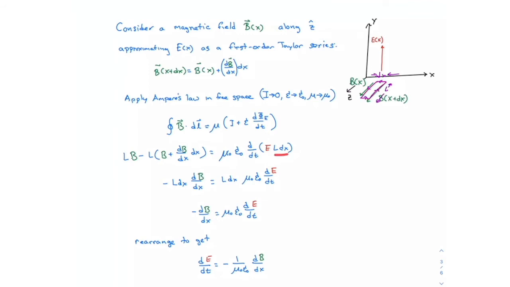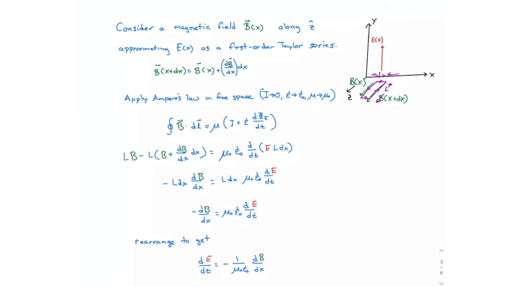So the area of the loop is L times dx, again, and the electric field I will write as E. So the time rate of change of the electric flux comes from the time rate of change of the electric field. L times dx is a constant, so I can pull that out front. And in this equation, then, I have an L dx on both sides.